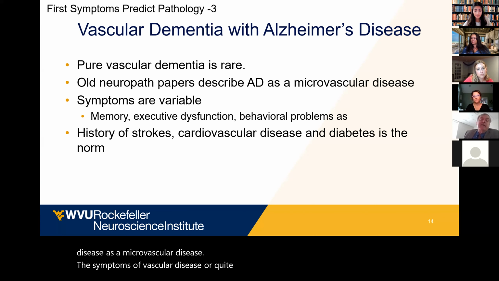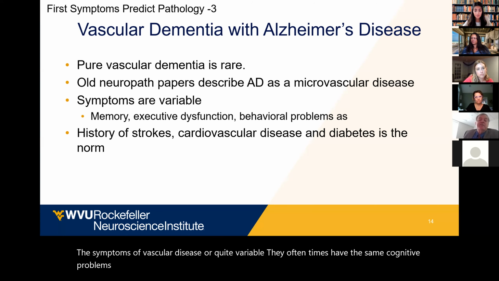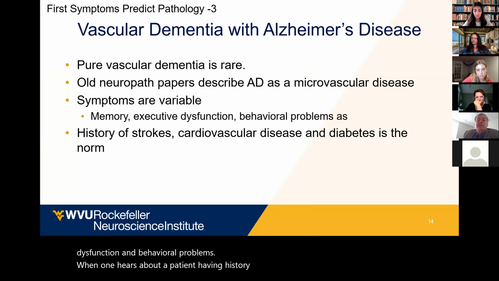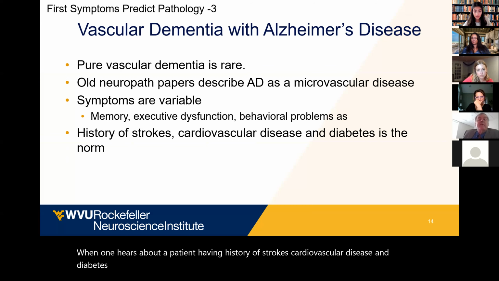They oftentimes have the same cognitive problems that Alzheimer's patients have, but they're more likely to have executive dysfunction and behavioral problems. When one hears about a patient having a history of strokes, cardiovascular disease, and diabetes, it's a pretty safe bet that they probably have a combination of Alzheimer's disease and vascular disease.